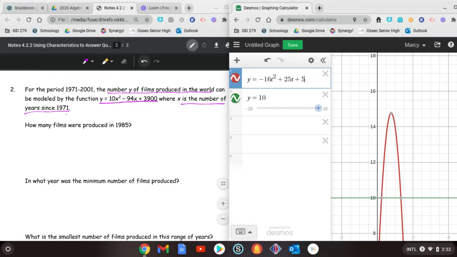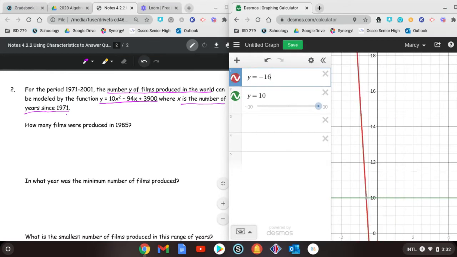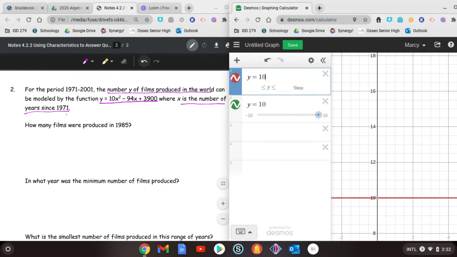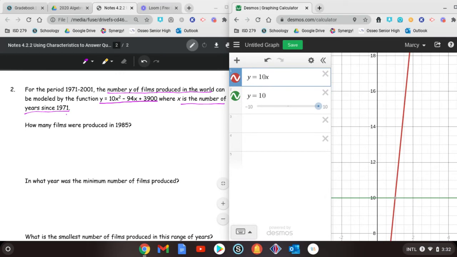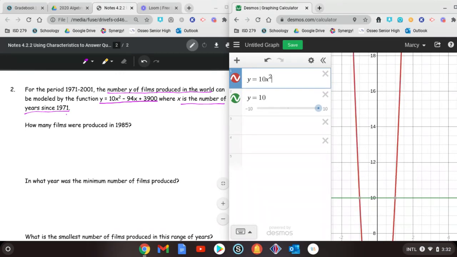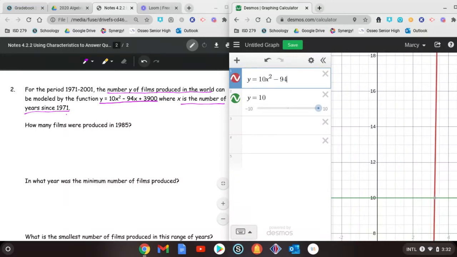Let's put that in first: 10x squared minus 94x plus 3,900.